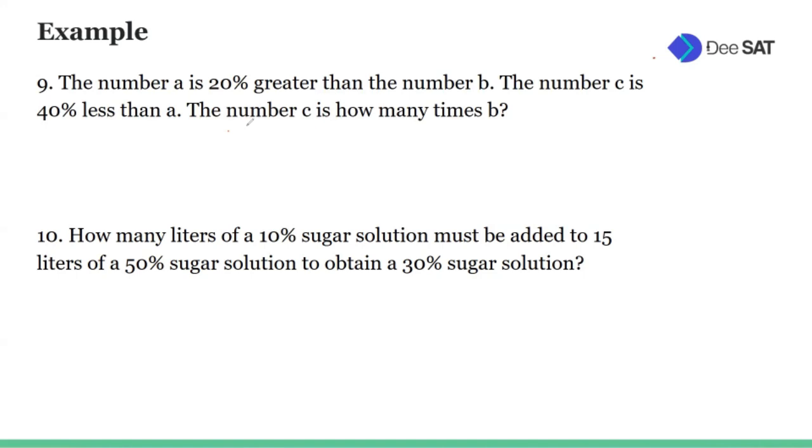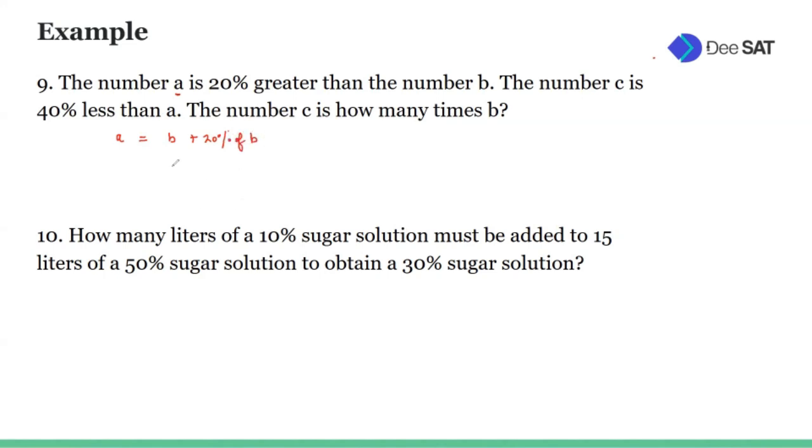So we can use the regression method very quickly over here. How are we going to go there? First of all, the understanding from the question is that A is 20% greater than the number B, right? So what I can say is that A is actually B plus 20% of B, right?